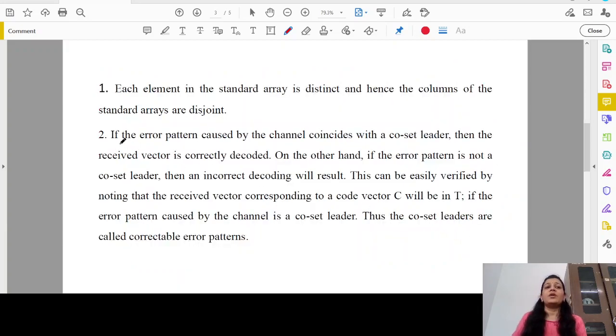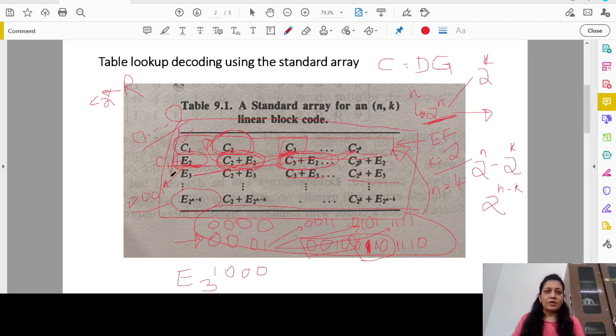Now, if the error pattern caused by the channel coincides with a coset leader, what exactly is a coset leader? Whatever errors you have chosen, the elements of this particular column are called coset leaders, right? Because we know that if there is a match with any element in this particular row, we will assume that this is the error pattern.